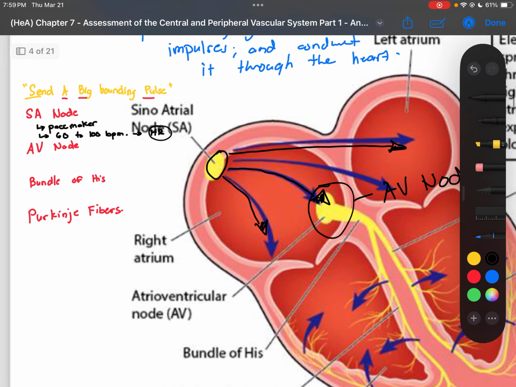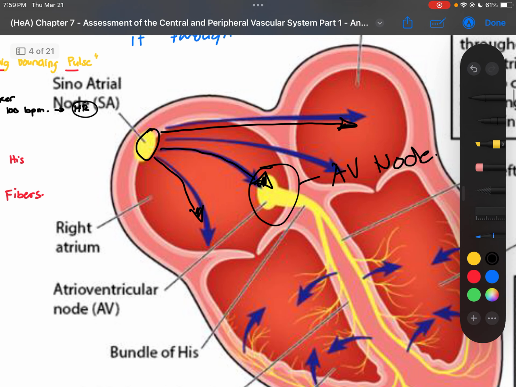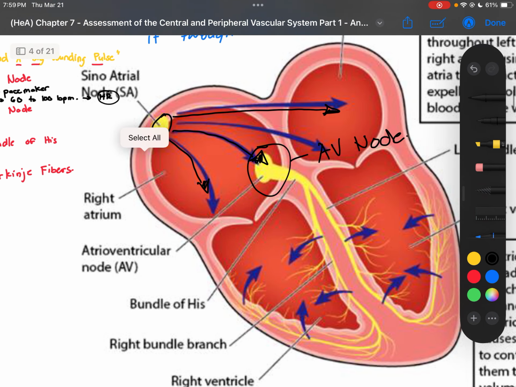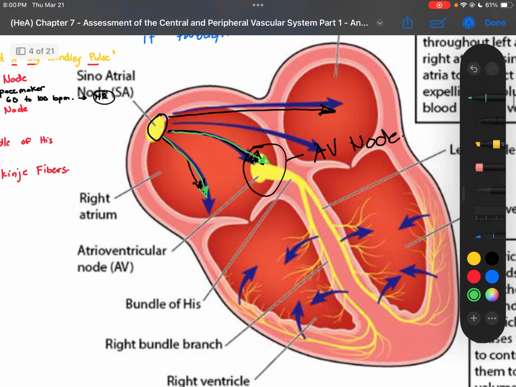Now, class, when the AV node receives it, there is a slight delay in conduction, in the microseconds. Follow the green, the green is the electrical conduction. Now it reached the AV node. It also goes to your atrium.